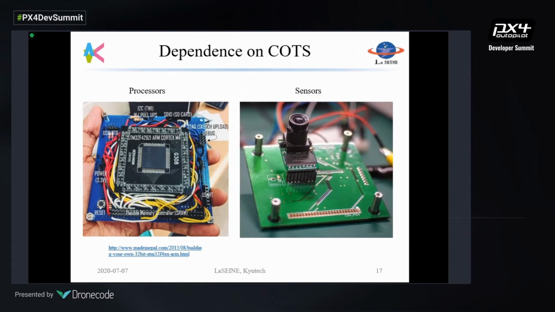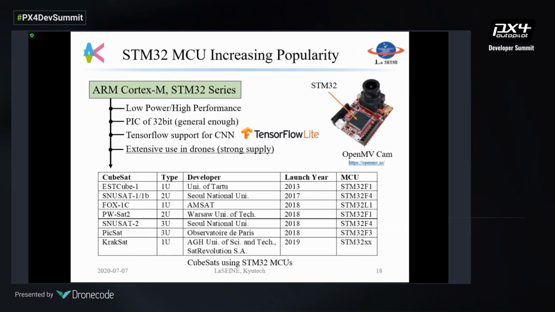So we are using commercial off-the-shelf components, using processors and sensors that are available in the market. What we also see is an increasing trend in using STM32, even in Japan, which primarily uses PIC for space systems. They're slowly changing into STM32s as well.